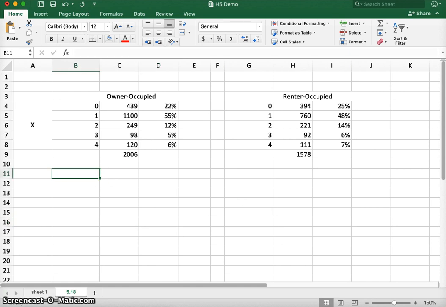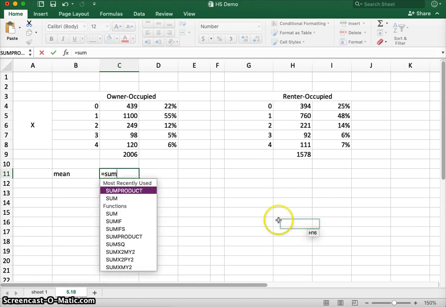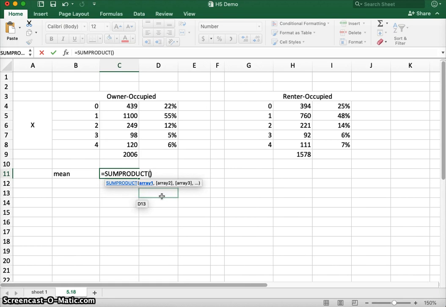But Excel, as always, makes things easier for us. We'll call this the mean, and we'll use the function equals SUMPRODUCT. This is the result, comma, and this is the probability of that result happening.